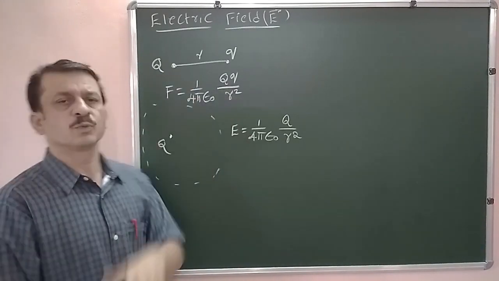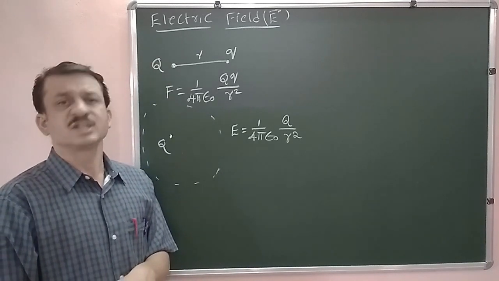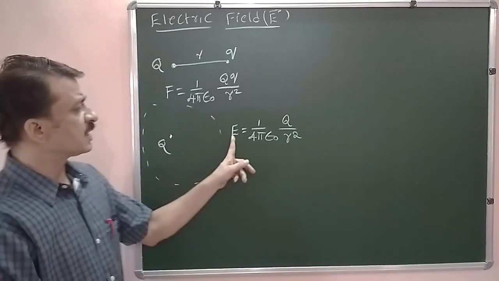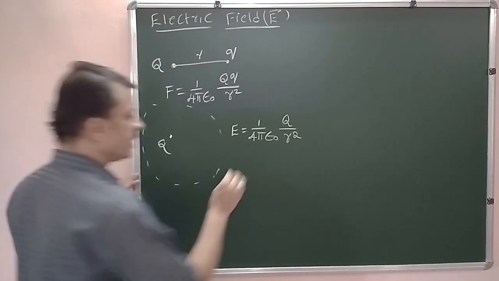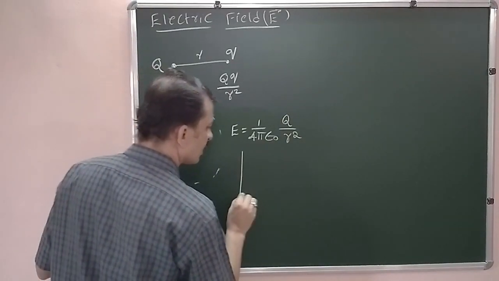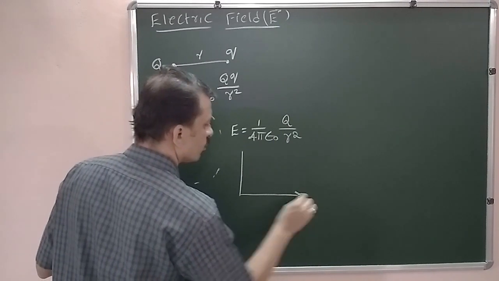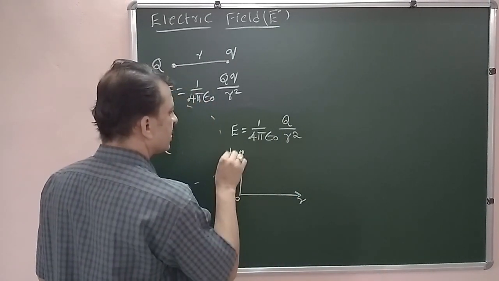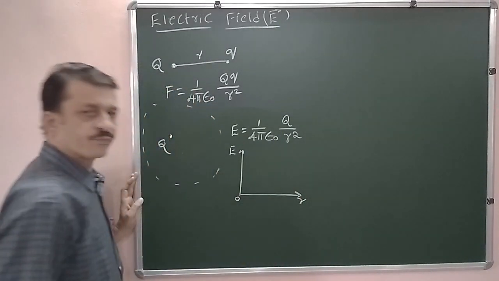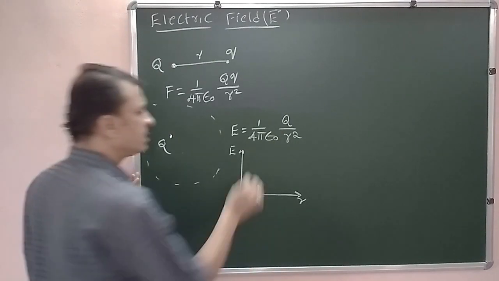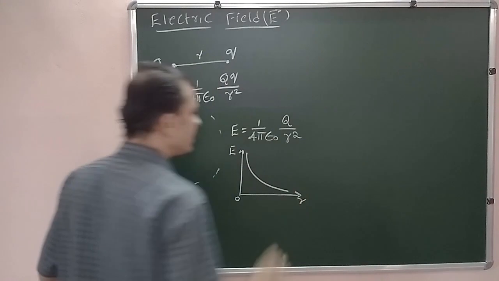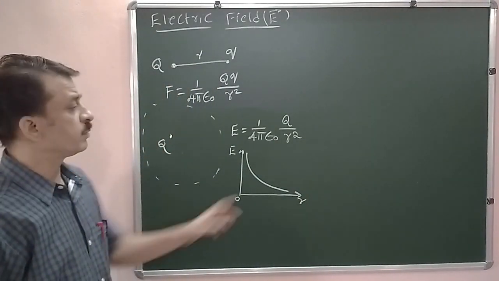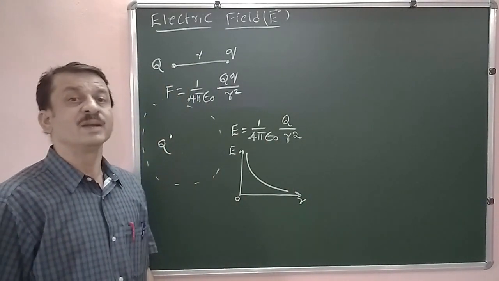Force is also inversely proportional to the square of the distance. Similarly, electric field is also inversely proportional to the square of the distance. So if I plot a graph of the electric field versus the distance of the point, it has a decreasing curve because of the inverse square dependence.